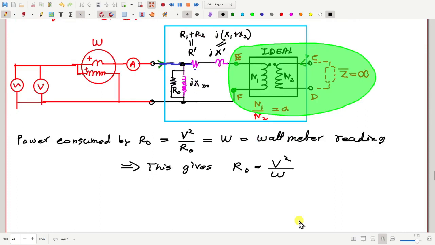Then, if the ammeter reading is I, if this current is I, how much is I?